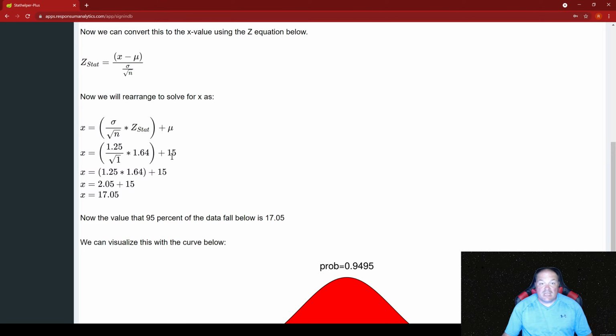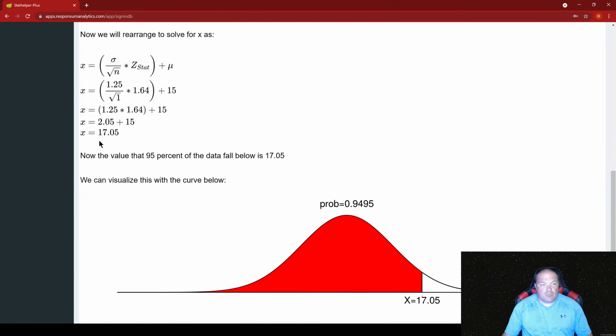We know the mean, which is 15. We found the z statistic from the table that corresponds to a probability of 0.95. That gives us 1.64. We go through and do all our calculations here, and you end up with x equal to 17.05. So the value that 95% of the data fall below is 17.05.